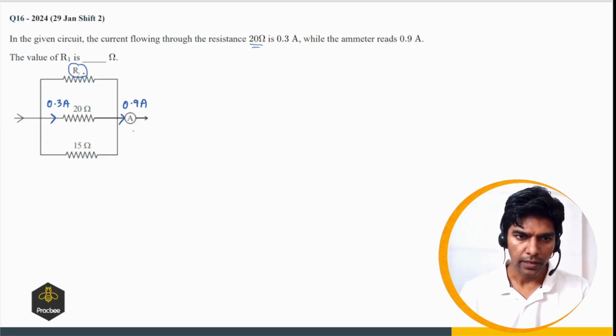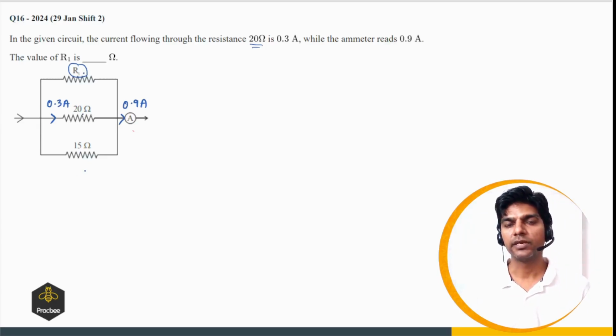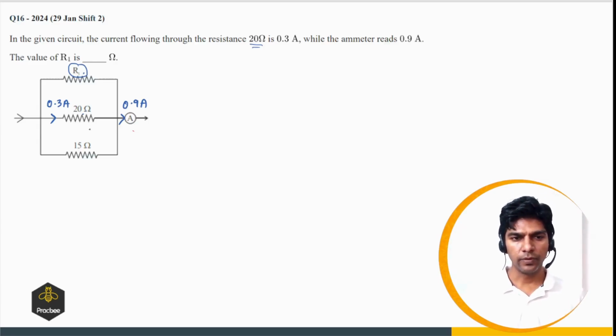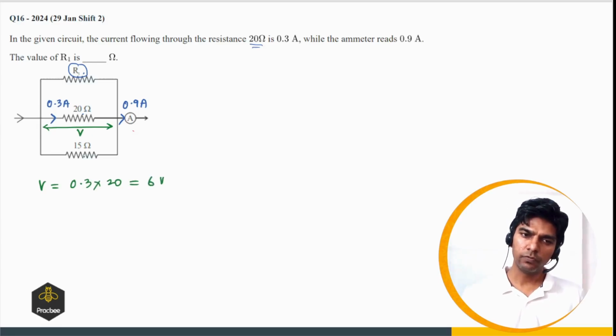Okay, and this R1, 20 ohms and 15 ohms, they are connected in parallel, so they must have the same potential difference. So let us find the potential difference across 20 ohms. Let me call this V. So this V comes out to be IR, 0.3 times 20, so it will be 6 volts. So the same potential drop will be across 15 ohms.